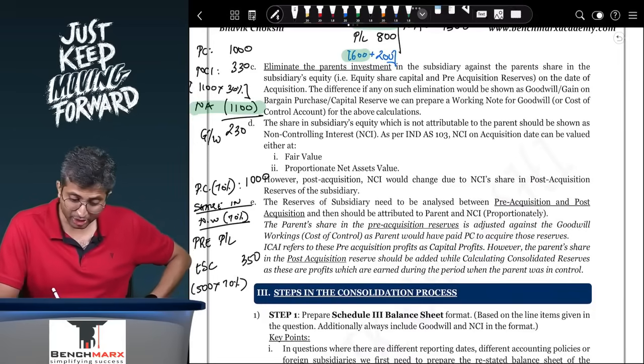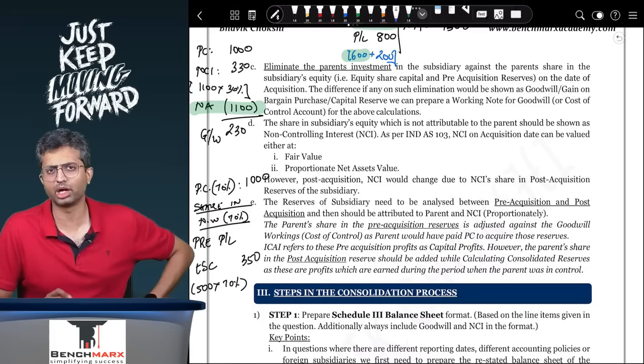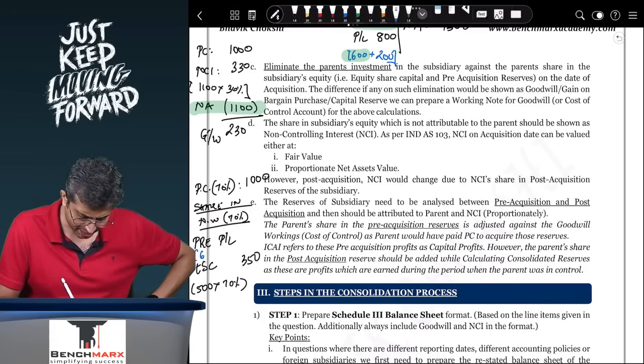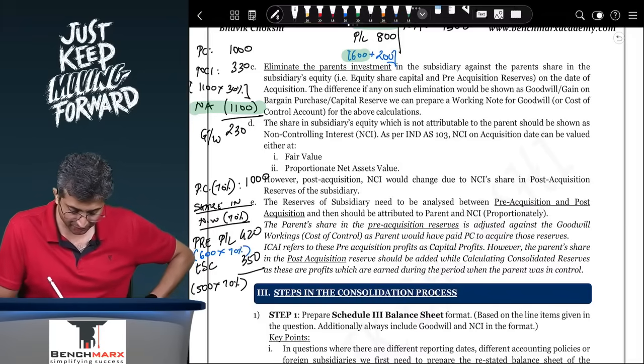Pre-P&L, today the P&L is probably 800, but as on the date of acquisition, your P&L was 600 into 70%. If I calculate, 600 into 70% will come to probably 420. And as a result, 350 and 420 will come to, I think, 770.